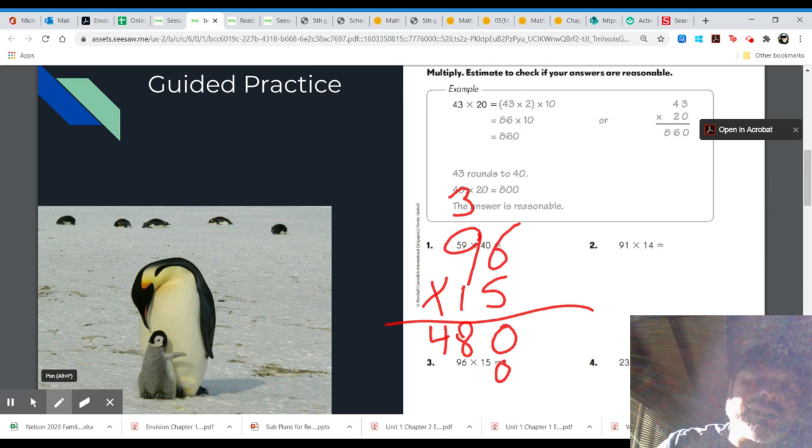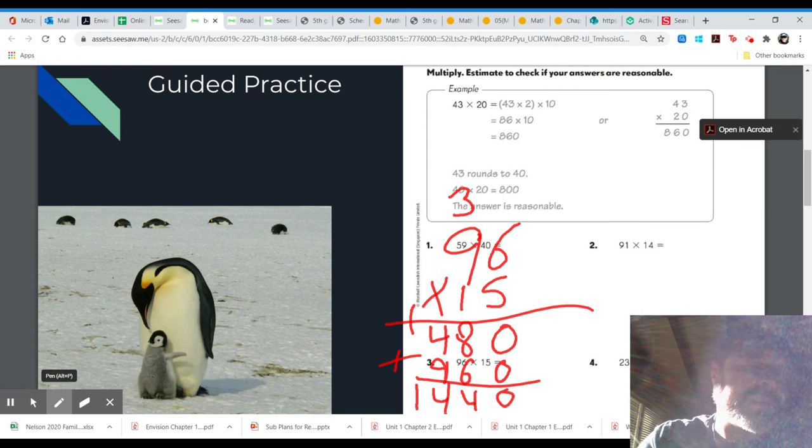And then we do 1 times 6 is 6, and 1 times 9 is 9. And so this time we're going to add those numbers up, and we get 0. And 8 plus 6 is 14. Carry the 1. And 9 plus 1 is 10, plus 4 is 14. And we get 1,440, just like we just got.